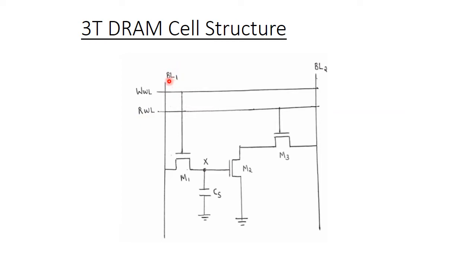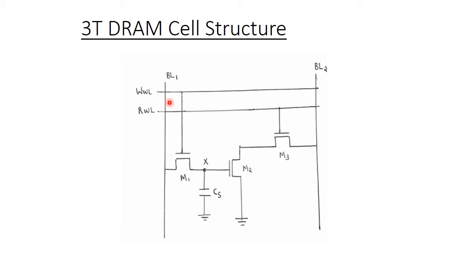Now next, regarding the bit lines. In 6T SRAM we have got two bit lines which are represented as BL and BL bar. In this 3T DRAM cell also we have got two bit lines, but they are represented as BL1 and BL2.